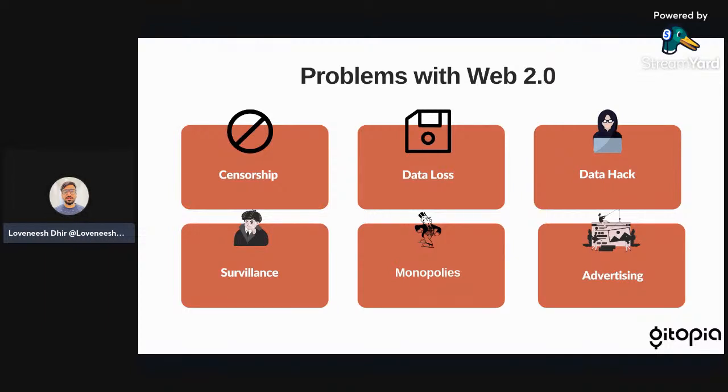So what these companies do is they sell the user data, or the data created by us while browsing through the apps, and they use this data to get insights and provide customized recommendations and ads. This leads to lack of privacy.